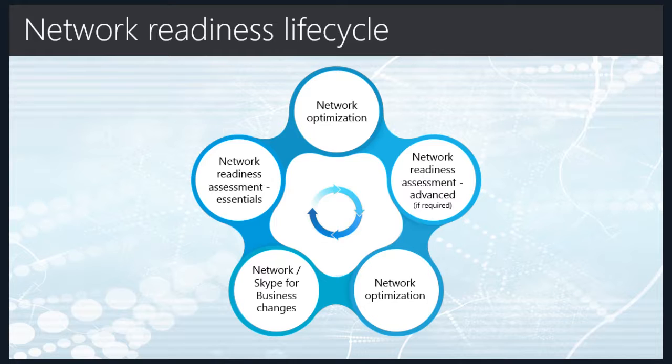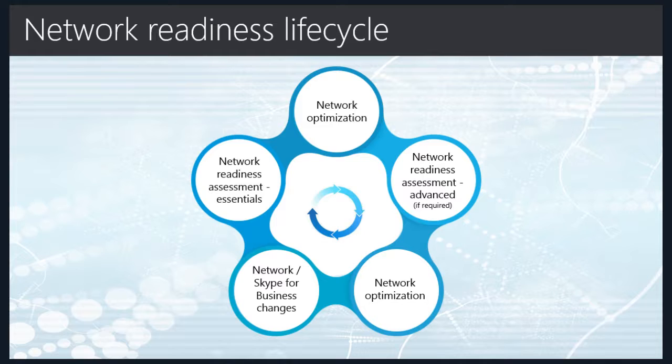You'll perform optimization based on that network essentials outcome. And maybe it turns out that you need to do a network readiness assessment advanced. You'll do the network optimization that's attached to the network readiness assessment advanced. And once that's done, basically you're good to go.